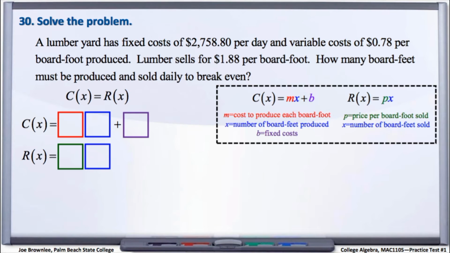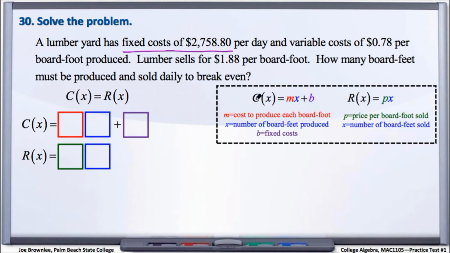Now that we know what the cost function, revenue function, and break-even point are, let's go back to our word problem and start discovering what the cost function and the revenue function are, and then we'll set those two equal to each other. Let's read the problem one more time. We're told that a lumber yard has fixed costs of $2,758.80 per day.